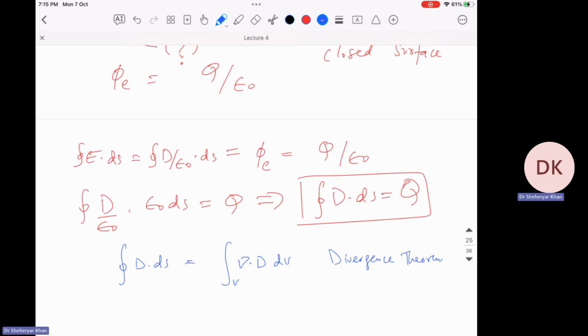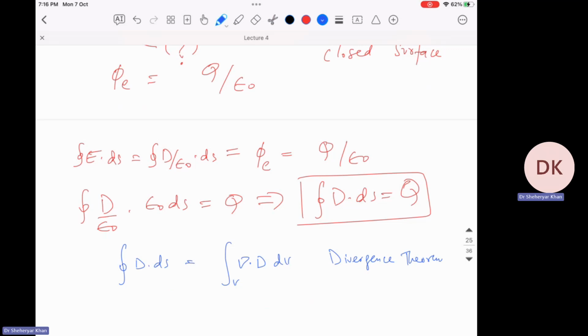So the divergence theorem tells us that for the surface integration, we can move to volume integration or replace the vector field with the divergence. That's how we move from surface to volume or volume to surface. Remember the tutorial problem we did in our last lecture.